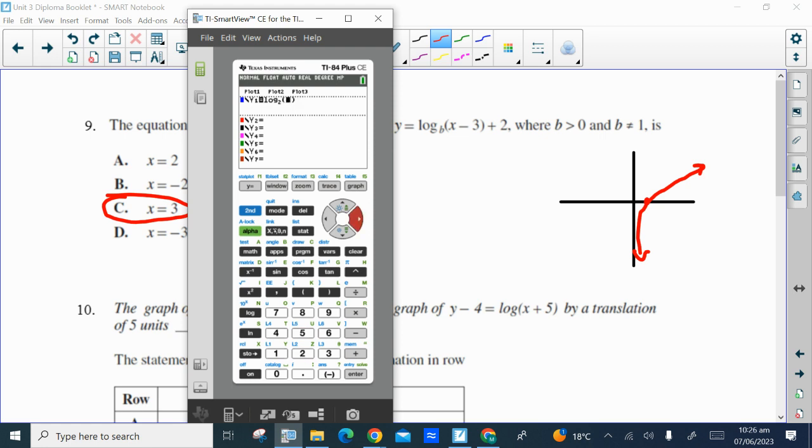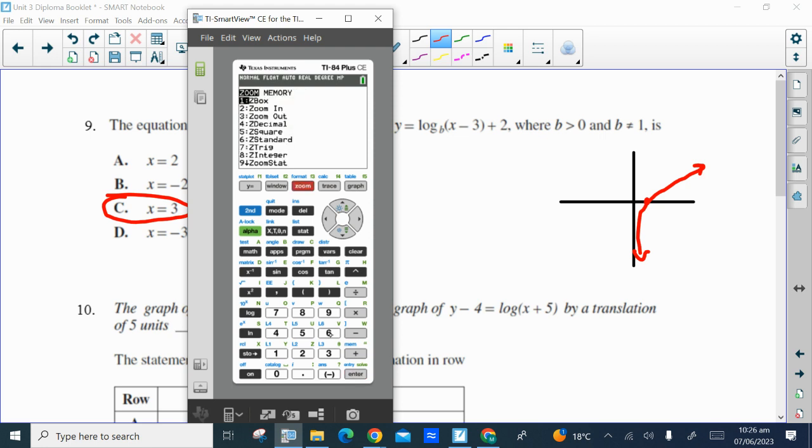But inside the bracket, you have to have x minus 3 and then the plus 2 on the end. Remember, changing the base just changes how flat or steep the graph goes. It doesn't change the fact that the asymptotes will be different in any way.